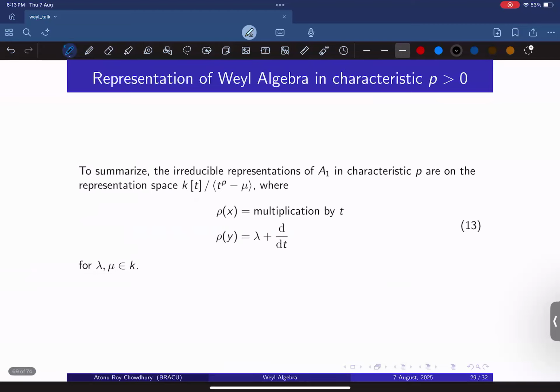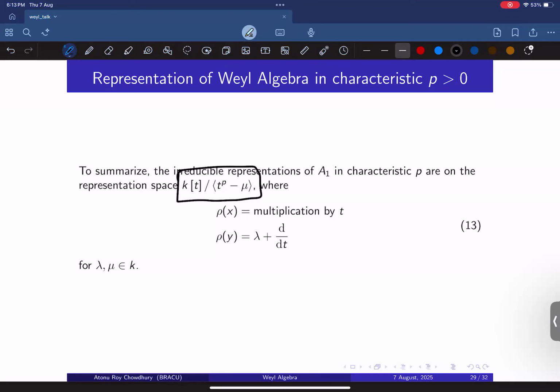So to summarize, the irreducible representations of the Weyl algebra in characteristic p are on our representation space, the polynomials in t, where t to the power p is identified with the scalar mu. On this representation space, x acts as multiplication by t, and y acts as some constant times derivative.